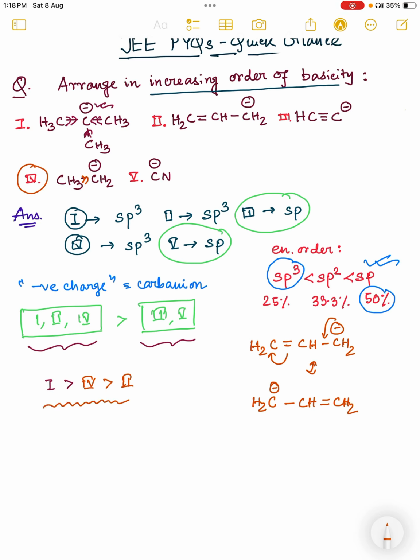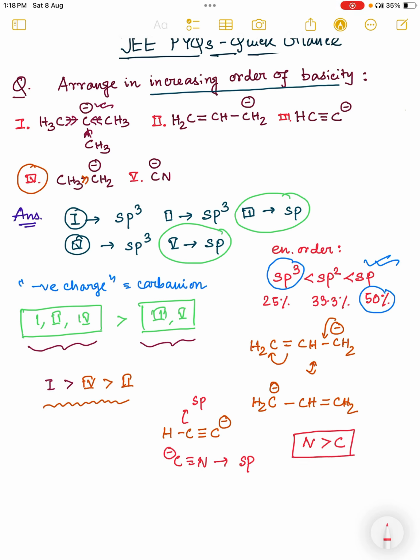Now let's come in between 3 and 5. In 3, we have an sp carbanion, and in 5 also we have an sp carbanion. Both carbons are sp, but here this is an sp carbon, and this is an sp nitrogen also. As you know, the electronegativity of nitrogen is much greater than that of carbon.